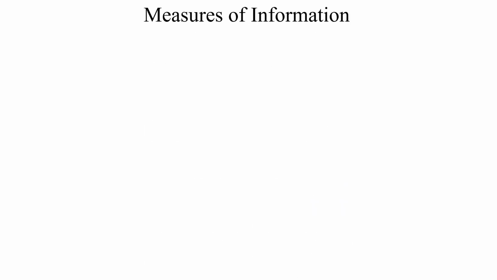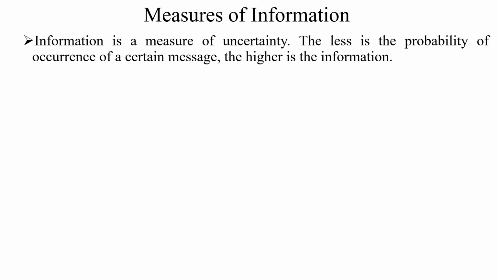Okay, so what is this message? Information is a measure of uncertainty. Uncertainty means the event is rare. The less the probability of the occurrence of a certain message, the higher the information. That exactly means if the probability is less, information will be very high.